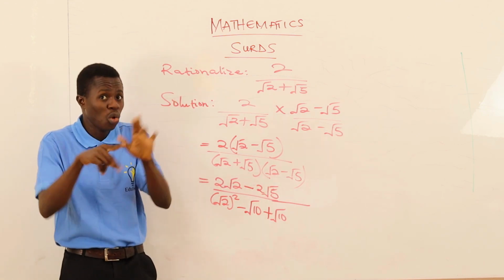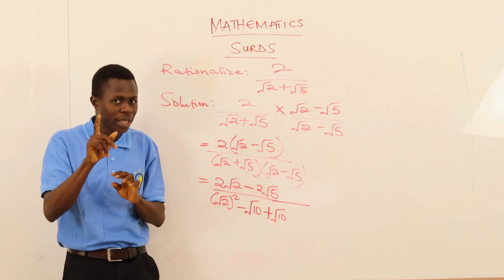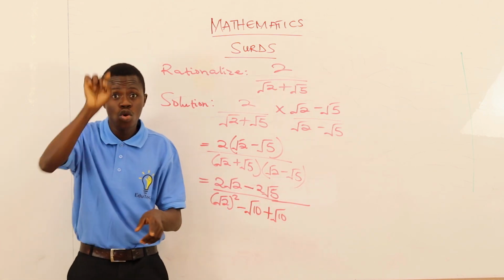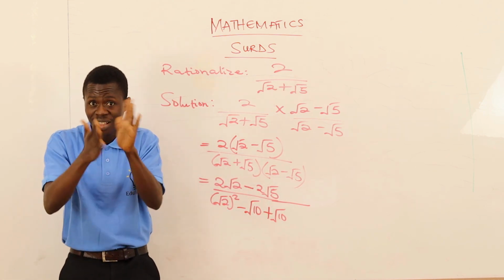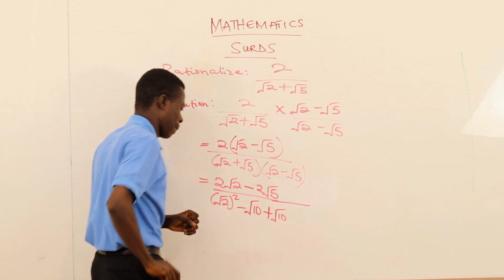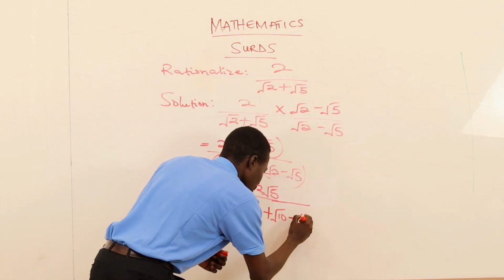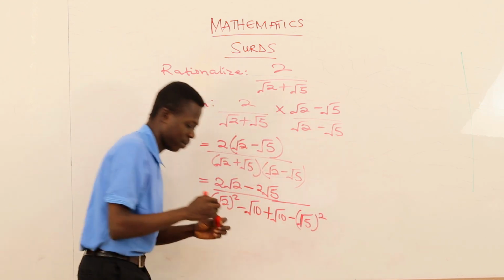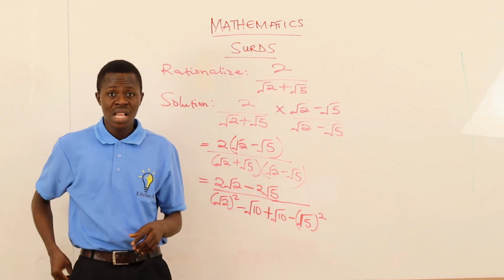So positive square root of 5 multiplied by minus square root of 5. And you know it's going to be negative. Now, we know that they are the same set. So when we multiply them, we are going to have square root of 5 to the power 2. So we are going to have minus square root of 5 all raised to the power 2.